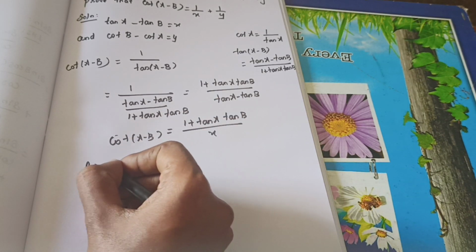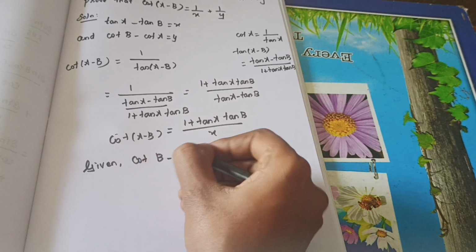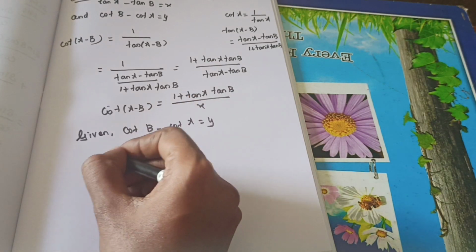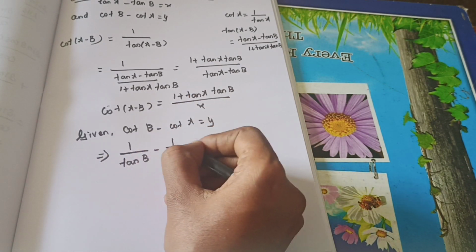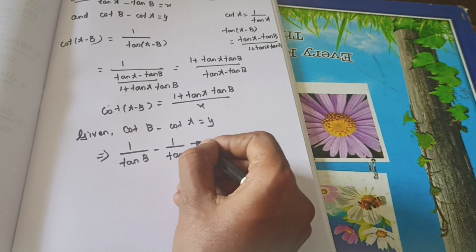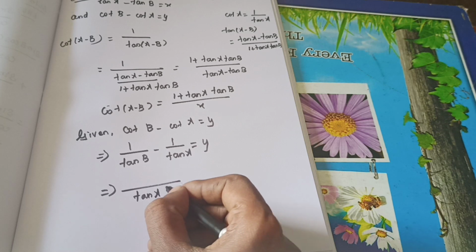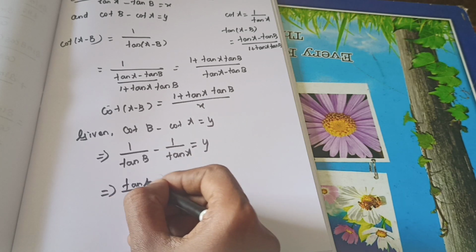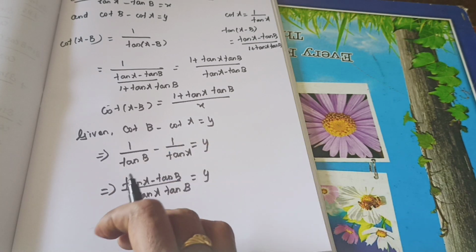Also given cot B minus cot A. What's the value? y. Okay. So cot B, how will you write it? 1 by tan B. Cot A means 1 by tan A, equal to y. Take the LCM here: tan A tan B. So what will you get in the numerator? Tan A minus tan B equal to y. Correct?